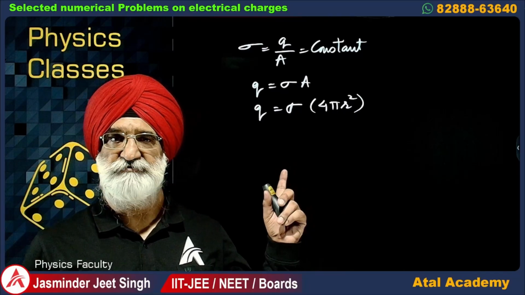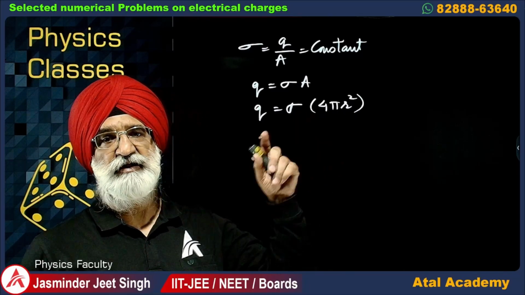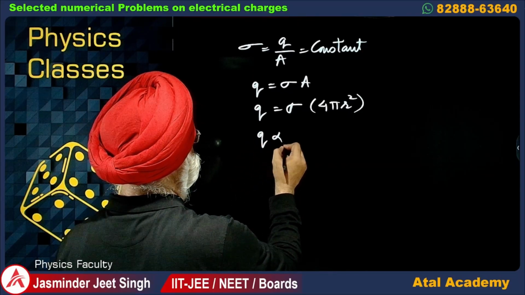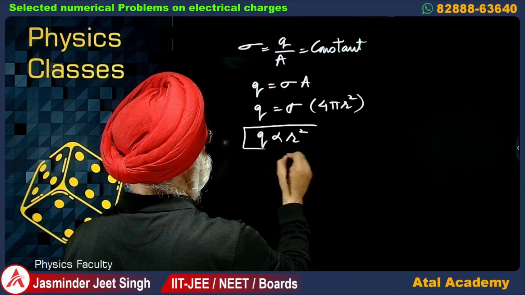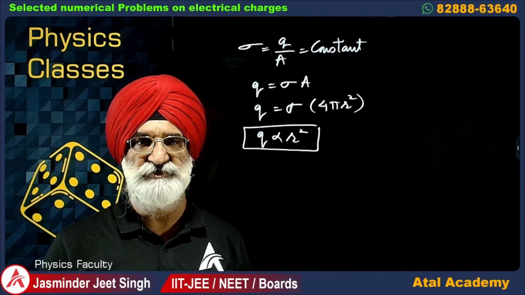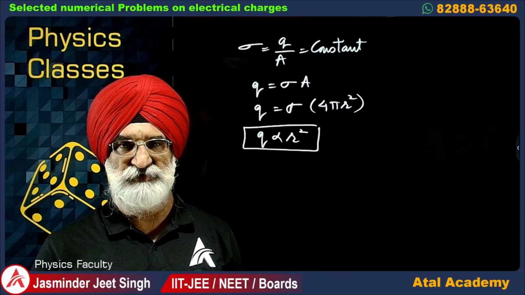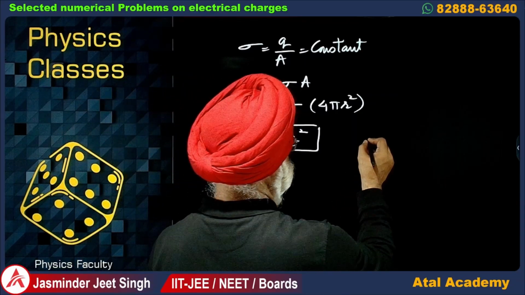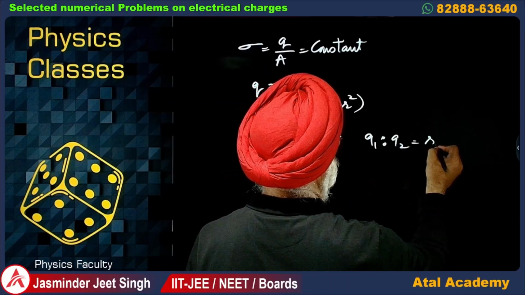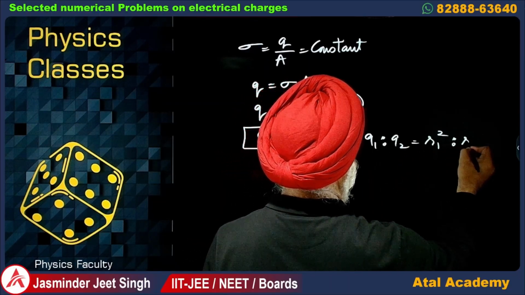Now in this expression, sigma is constant and 4 pi is also constant. Q will be depending upon the square of the radius. That means more the radius, more will be the charge, less the radius, less will be the charge. Now we have got two spheres, the charges will be in the ratio of Q1 is to Q2, and that is R1 square is to R2 square.